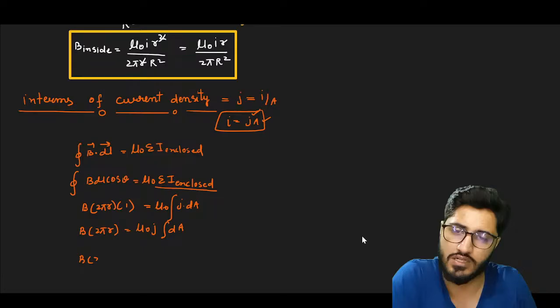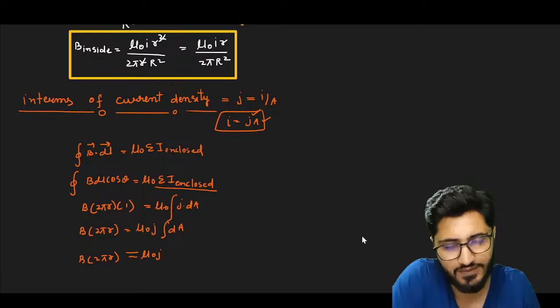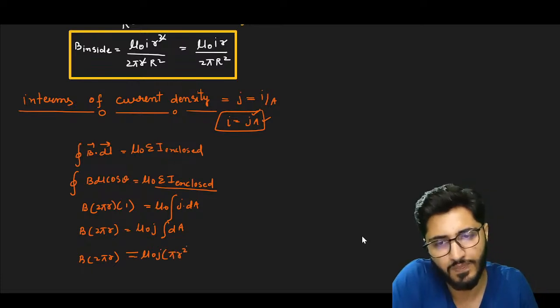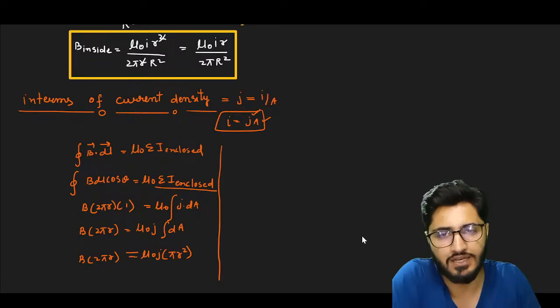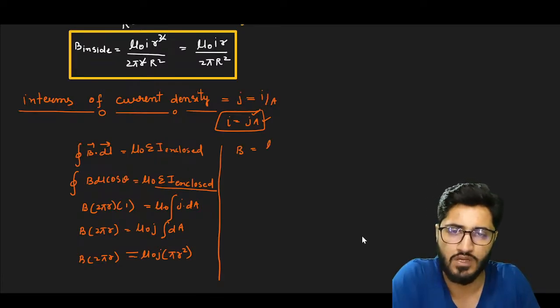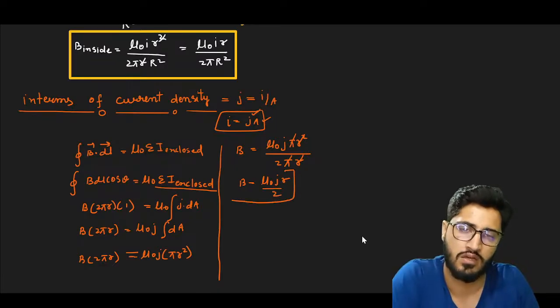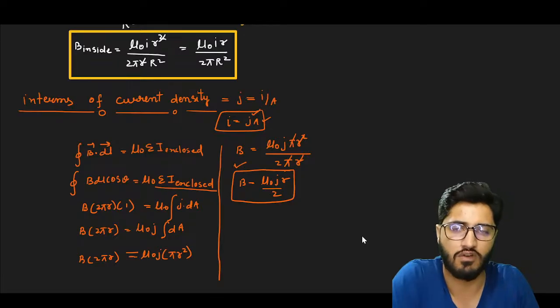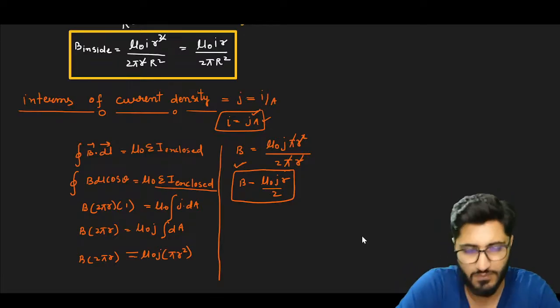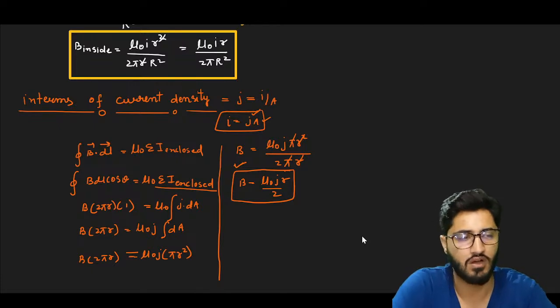What is the integration of dA? That is pi r square. So B came out to be mu naught J pi r square divided by 2 pi r. Pi cancels out, r cancels out. B came out to be mu naught J into r by 2. This is the magnetic field in terms of current density.